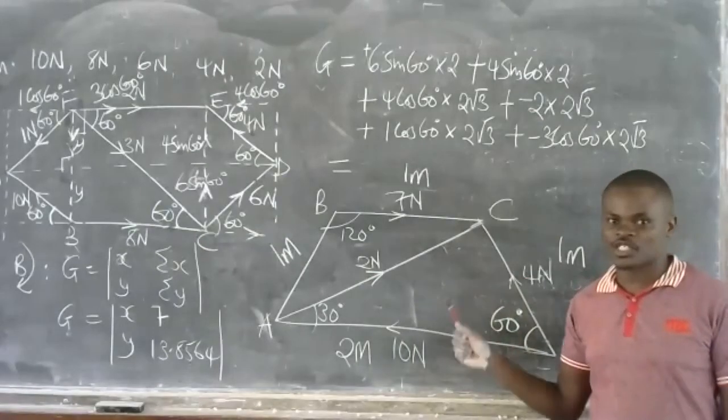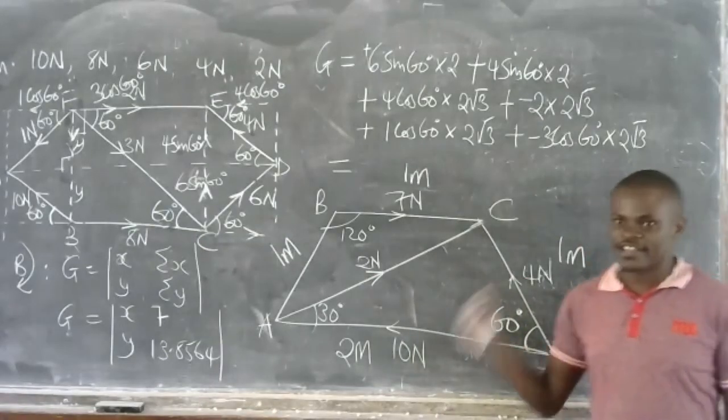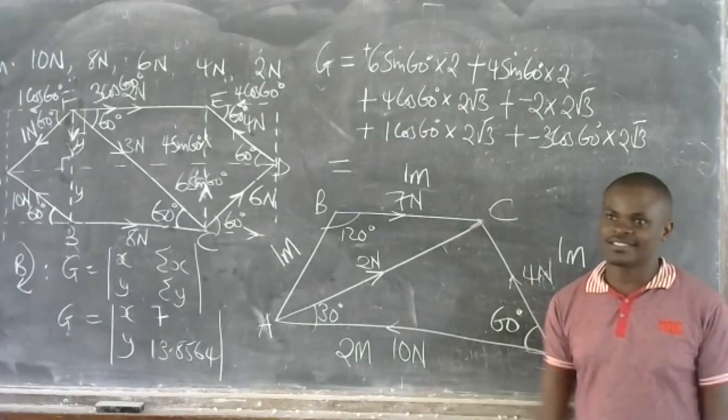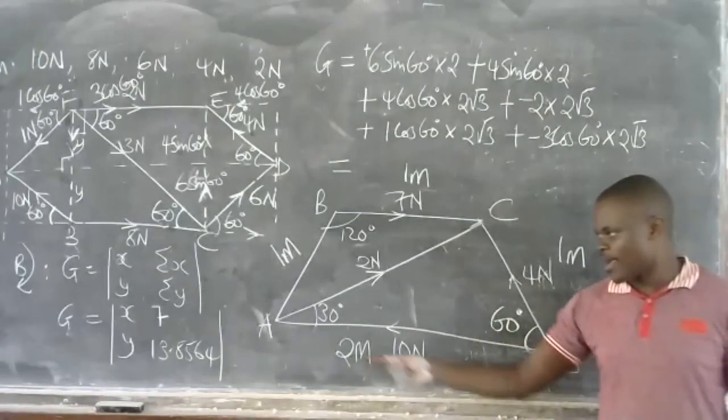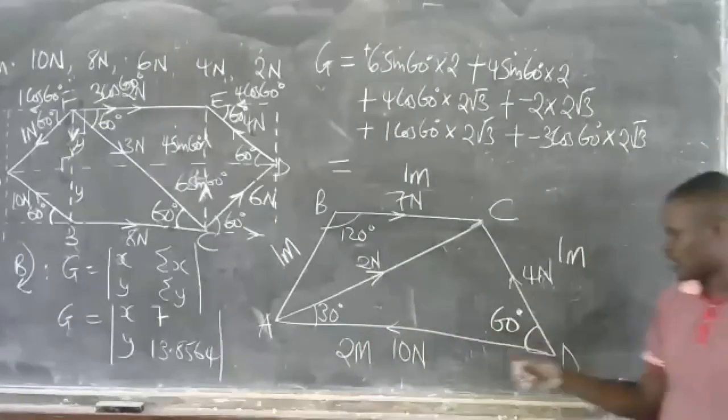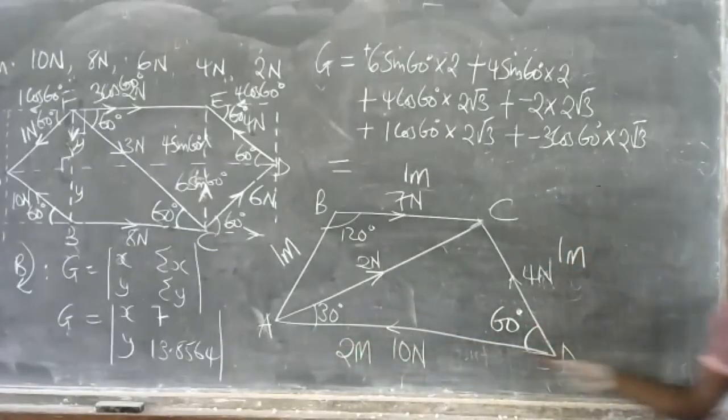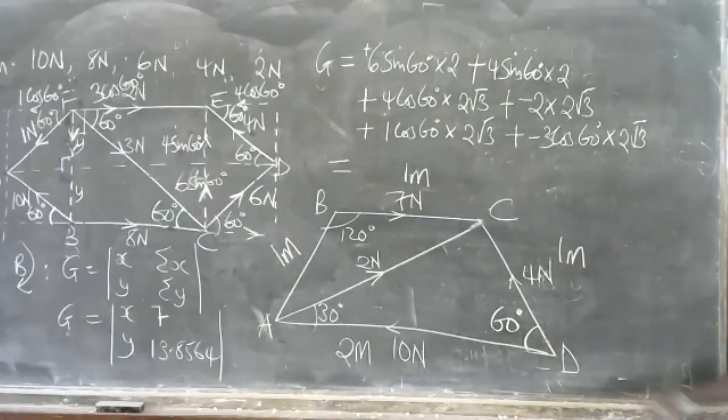Determine the magnitude and direction of the resultant. Then the line where the line of action of the resultant cuts side AD. That is a 60. So this doesn't work. You have to rearrange.